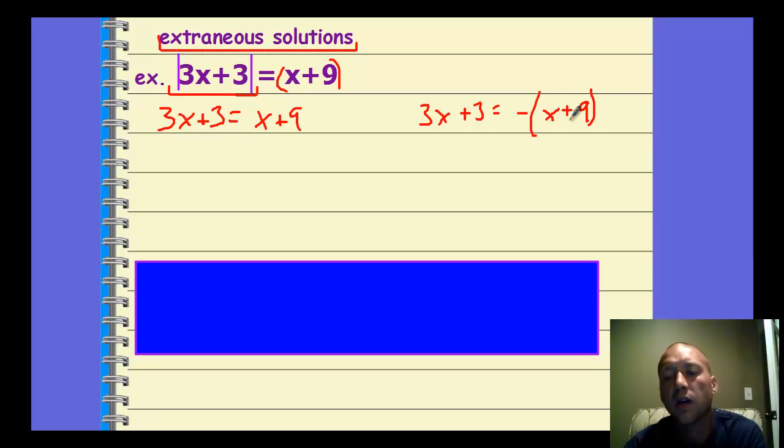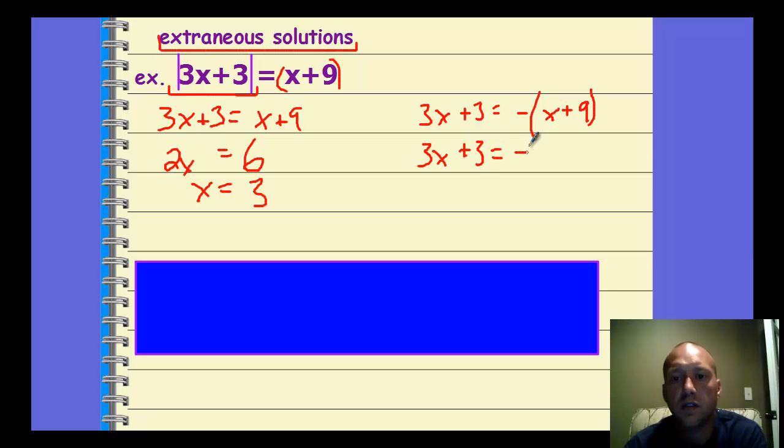Now notice how I put that whole group in parentheses, grouping it as a quantity. It's the negative of this side, the opposite of this side. So if I subtract x from both sides, and subtract 3 from both sides, I have 2x equals 6. So for the left equation, x is 3. And then for the right equation, I can distribute the negative first.